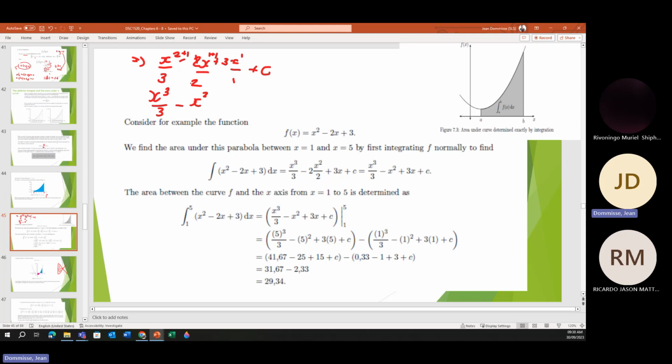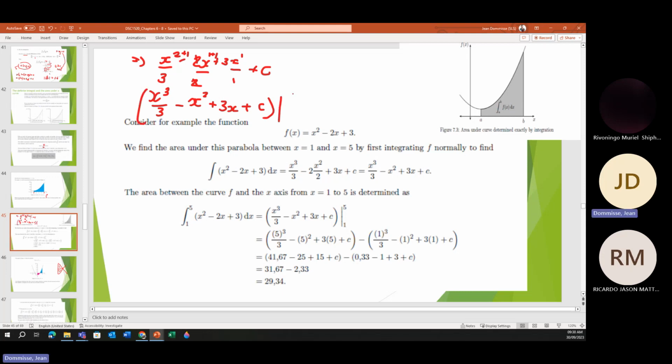So the 2 and 2 cancel out, so it's x to the power of 3 divided by 3, minus x to the power of 2, plus 3x, plus C.